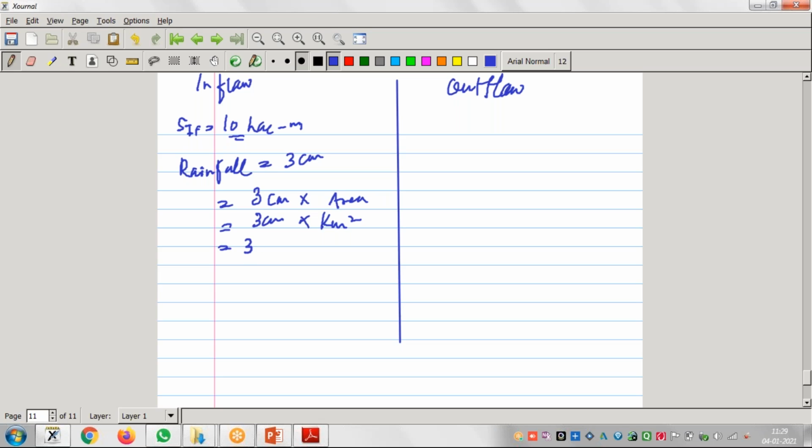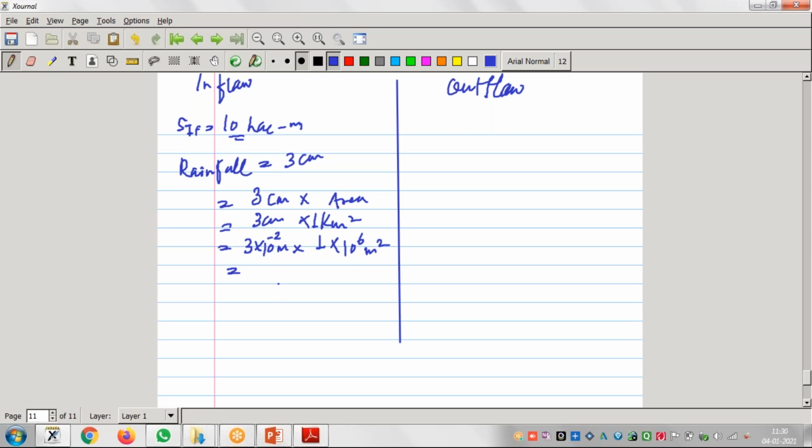This 3 centimeter, if I divide by 100, will be 10 to the power minus 2 meter, into area, which is 1 kilometer square. So here I will put 1 into 10 to the power 6, in meter square. So here I will get the rainfall in depth. Just remember, this 3 centimeter is 10 to the power minus 2 meter.